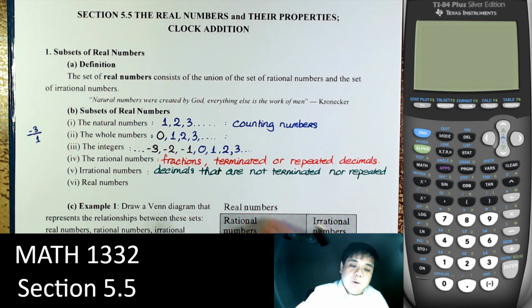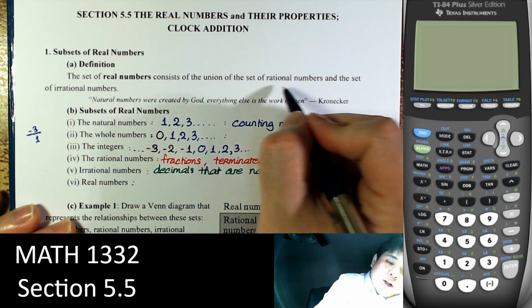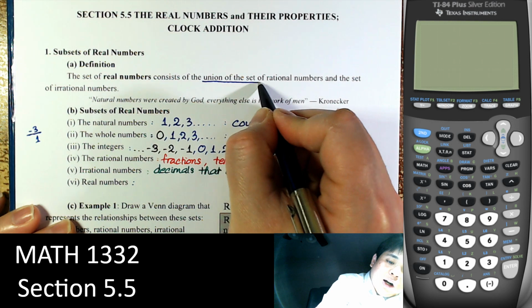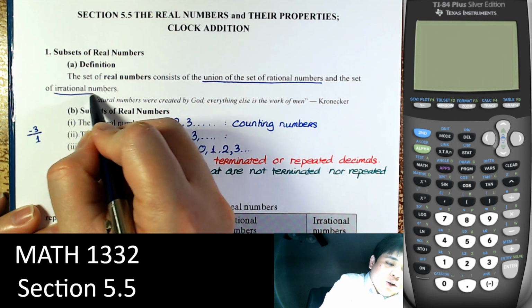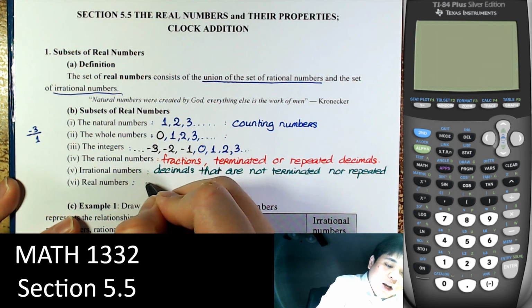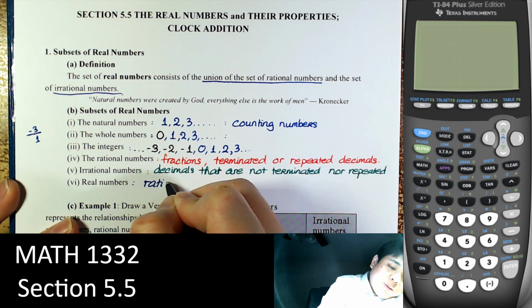So rational and irrational numbers are completely different things, and real numbers equal the union of rational numbers and irrational numbers. So we just say real numbers is rational and irrational numbers.